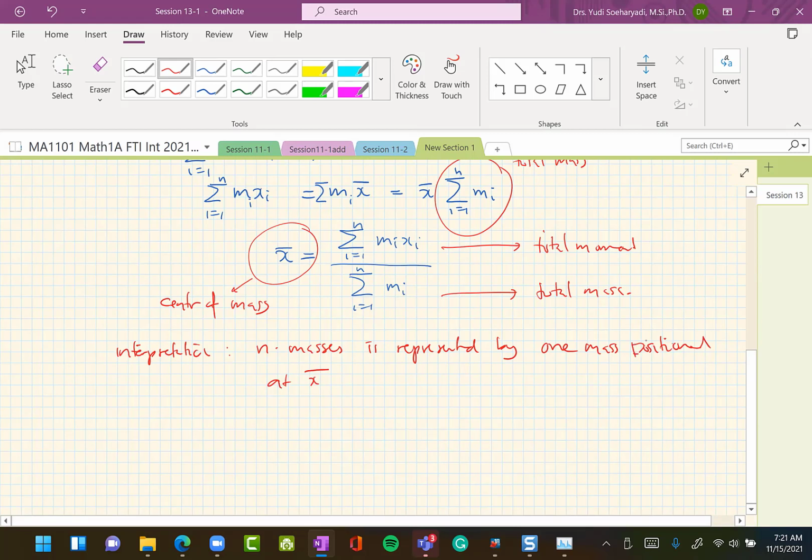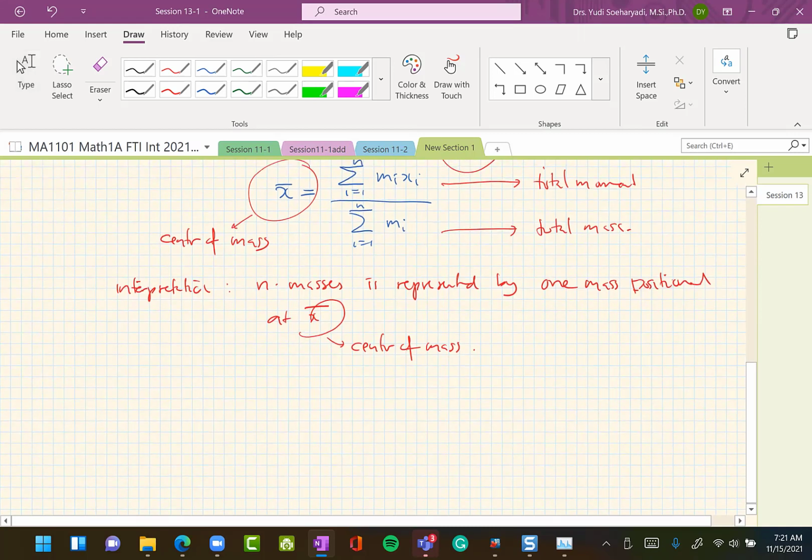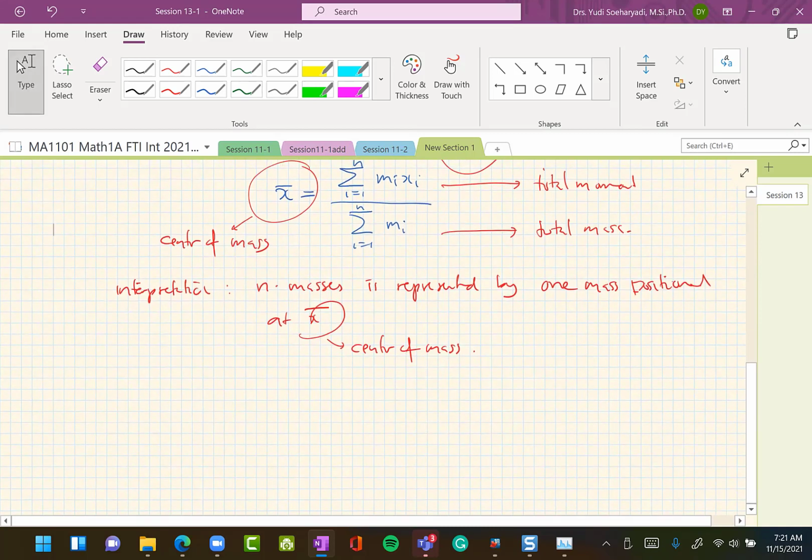That's what we call the center of mass. It's like when you think about the picture of a galaxy: a bunch of stars, nebulas, all those things, and from afar it looks like just a point mass.